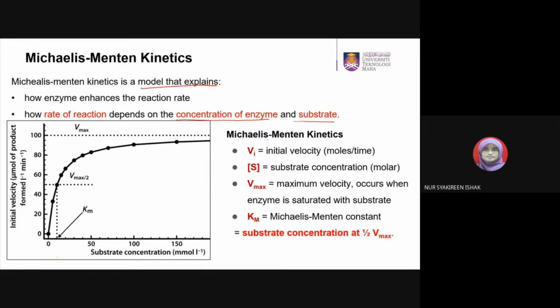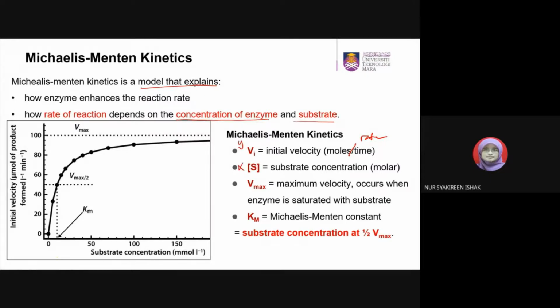In this graph, you will have the initial velocity, Vi, which is moles per time. Since we want to look at rate, velocity must be per time. This is on the y-axis.